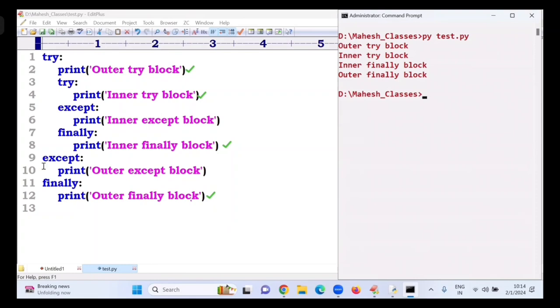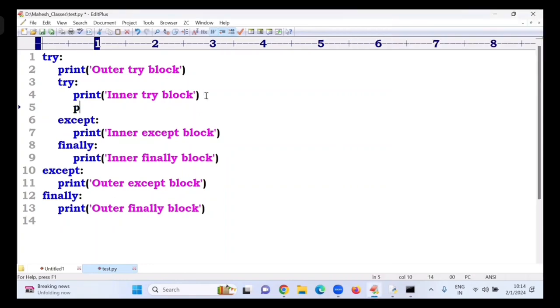Next, print 10/0. Now which blocks will execute?